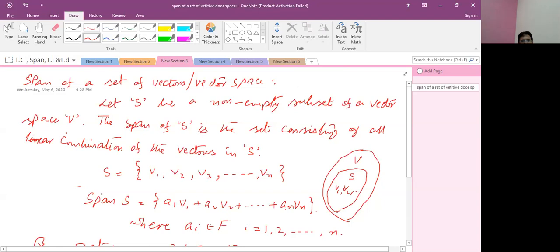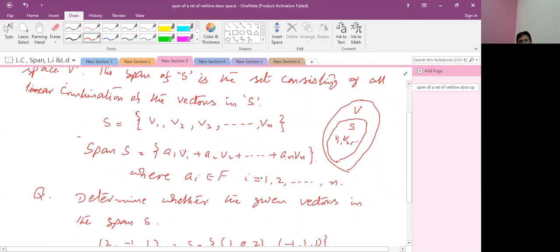If the span of S forms a linear combination a1v1 plus a2v2 plus ... plus anvn, where ai belongs to F, it means a1, a2 are all scalar values, and i runs from 1 to n.